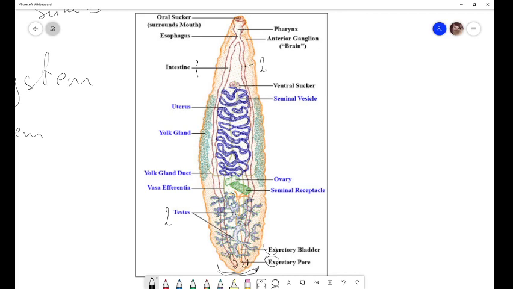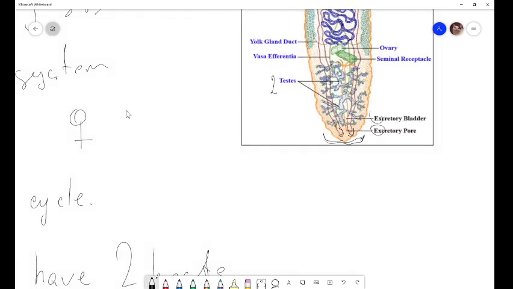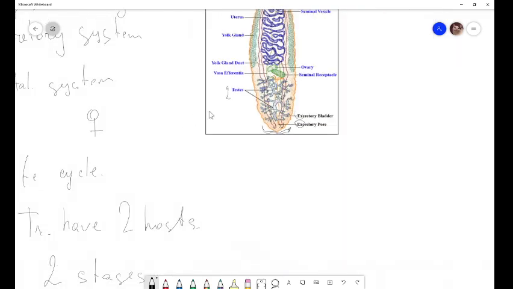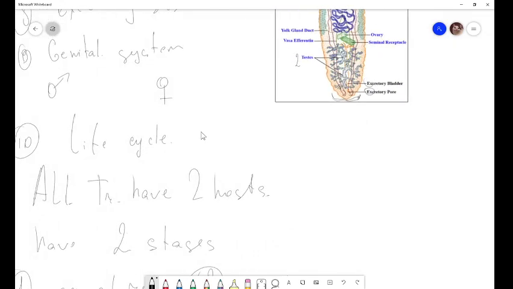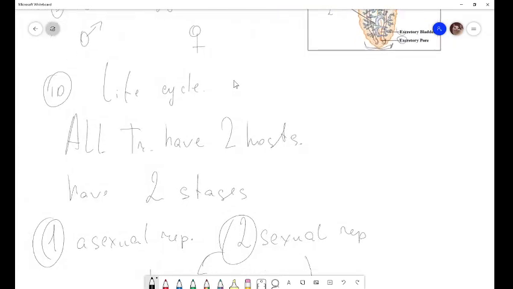Okay, and the last main character is the life cycle. What is interesting in the life cycle? All trematodes have two hosts, because the life cycle has two main stages. First stage or second stage, doesn't matter.